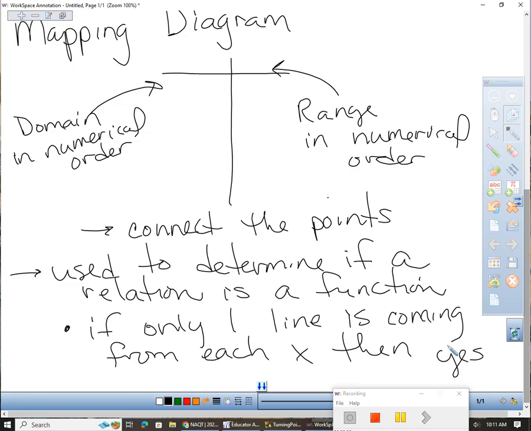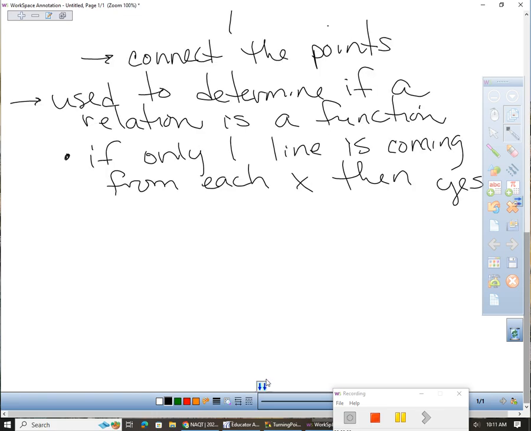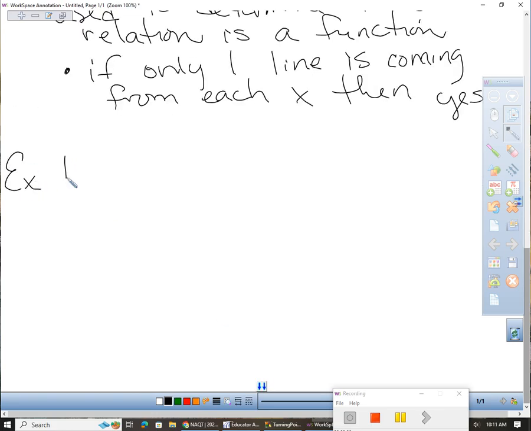I know I've given you a lot of information, but here's our first example. We're going to kind of put it all together. It's really not that bad. So here's example number 1. This is exactly what you have to do for 8 and 10.